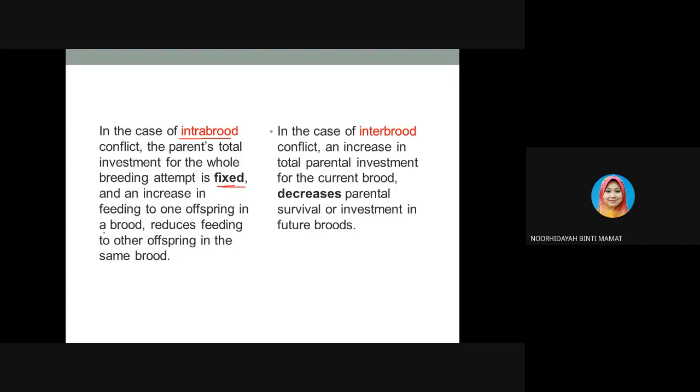You can understand this one. And interbrood conflict is one parent with one offspring per brood. In the case of interbrood conflicts, an increase in total parental investment for the current brood decreases the parental survival or investment in future broods.